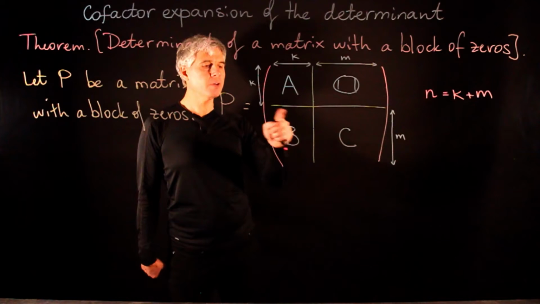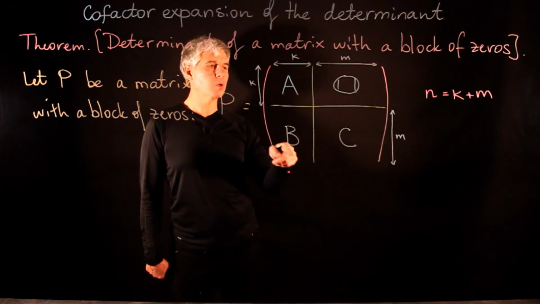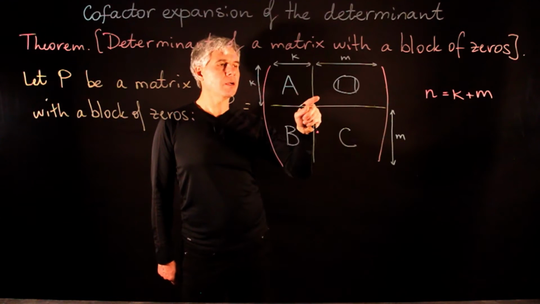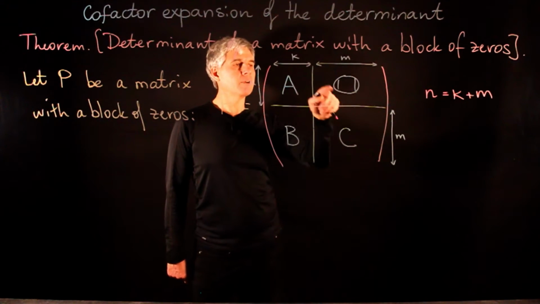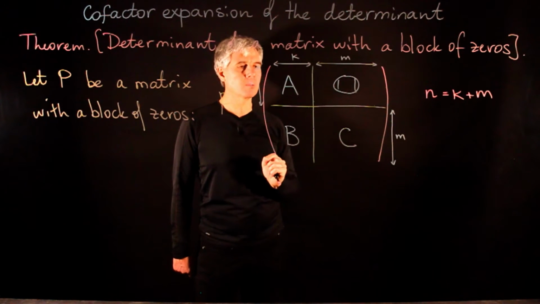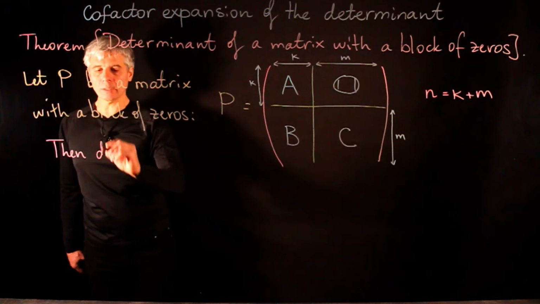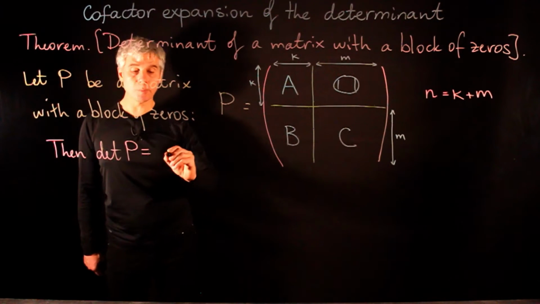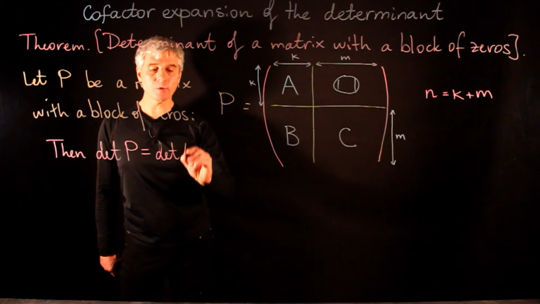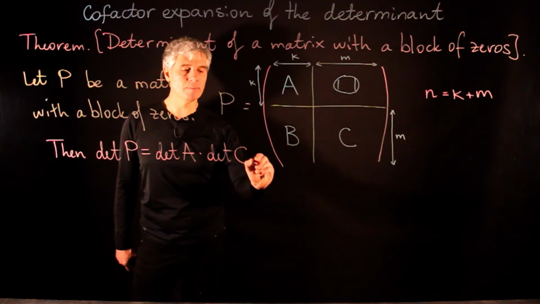Then whatever is in this m by k corner, we call it B, and we require that in the upper right corner, of size k by m, all entries are 0. In this case, we claim that the determinant of this matrix P is equal to the determinant of A times the determinant of C.